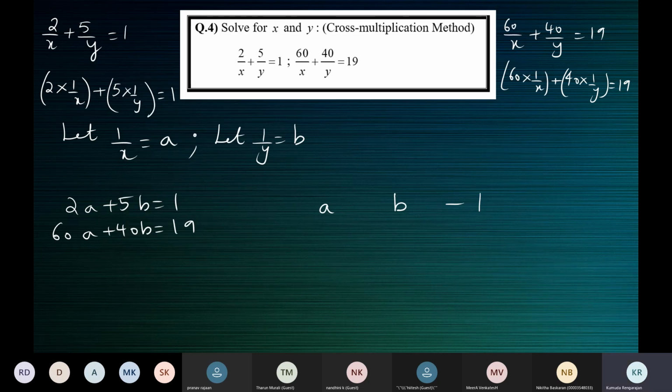Murali Krishna. Unmute yourself. Murali Krishna, tell me the columns.